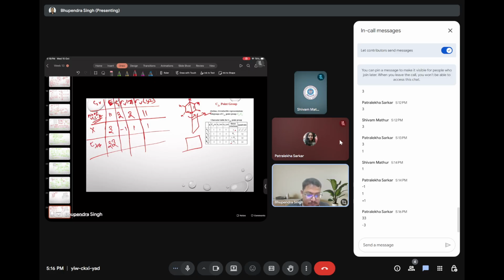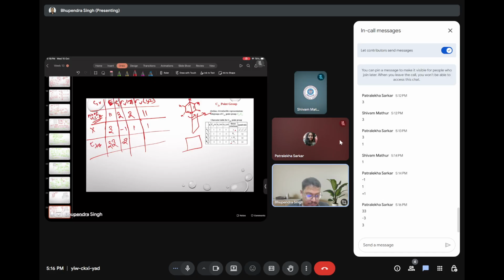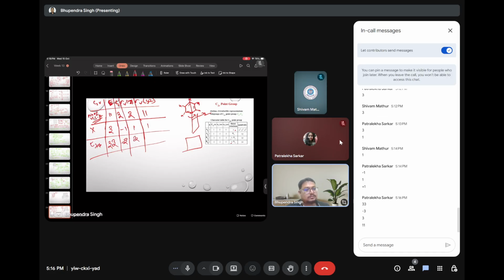Next for C2, next sigma v, yz. Yes. Now break it into the sum of the irreducible representation terms using the same formula.